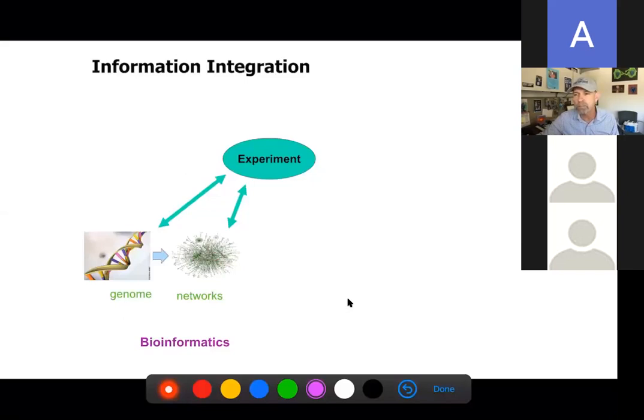This is collecting, annotating, databasing, searching, querying, and doing statistical analysis on the components of biological systems, particularly genomes and proteomes and the networks that they form, and how they relate to biology in a range of different contexts. So it's integrating information from a broad array of different experimental measurements in biology.